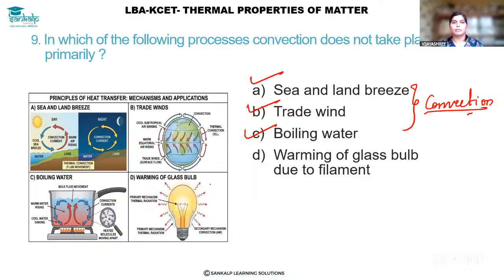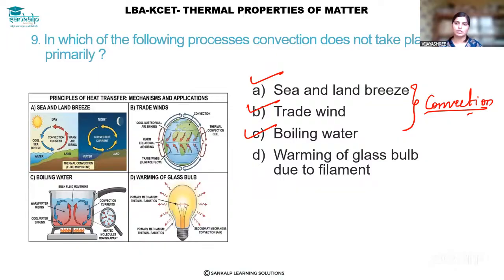So ಇಲ್ಲಿ bulb ಹೇಗೆ warming of glass bulb, ಇಲ್ಲಿ ಏನಾಗುತ್ತೆ actually electric bulb is heated by radiation from the filament. ಈ filament radiation ಅನ್ನ radiate ಮಾಡುತ್ತಲ್ಲ, so because of the heating effect of electric current, this filament gets heated up and starts glowing.